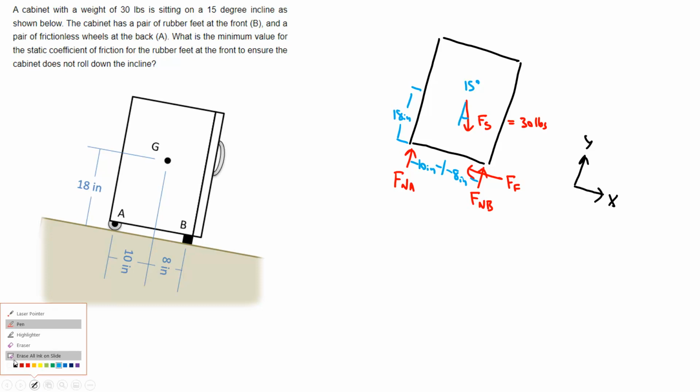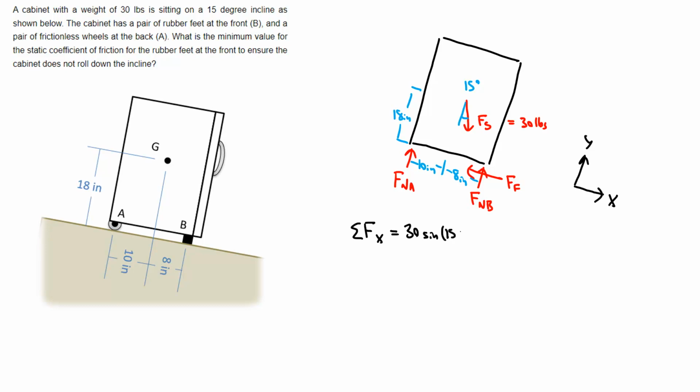So now we're going to move on to our equilibrium equations. We start with the sum of forces in the x: the x component of gravity, 30 sine 15, minus the friction force. That's going to the right, this is going to the left.